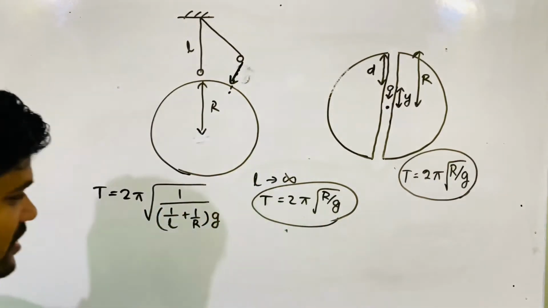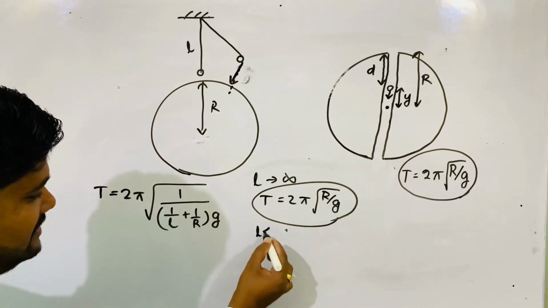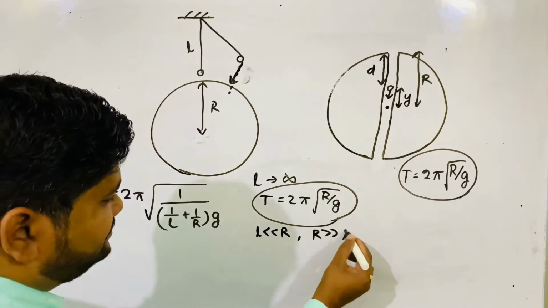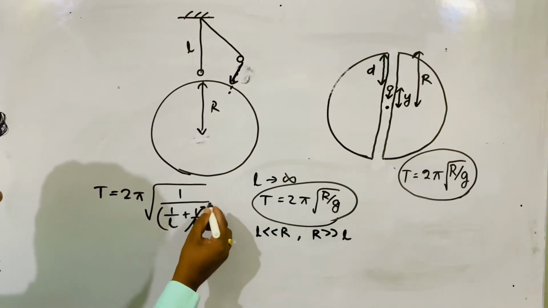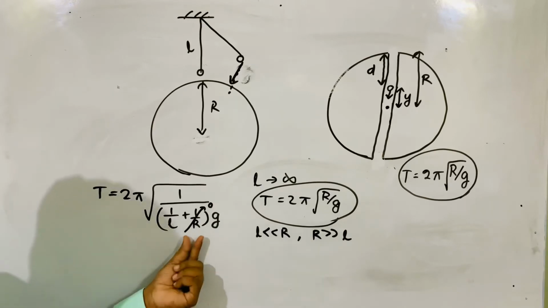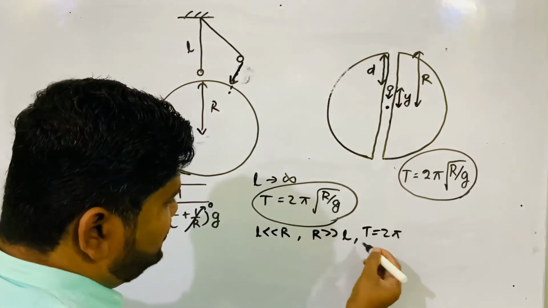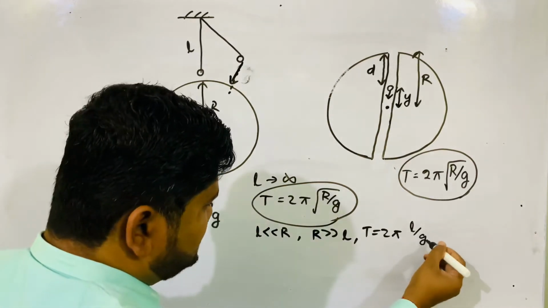But one case we will not leave here. Another case is when L is very much less than R, meaning R is very much greater than L. R is very large. When R is very large, then this term tends to 0. If this term tends to 0, then what is the time period? T equal to 2 pi, you see, L will go to the numerator, so root L by g.